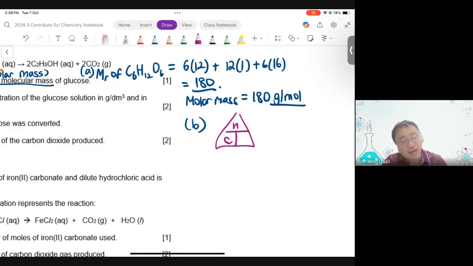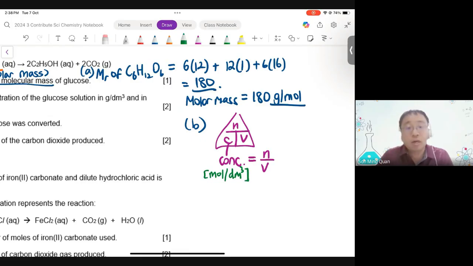The triangle is NCV, where C is concentration. Concentration is the number of moles over the volume, right? So this will give you mole divided by volume, dm cube. So the concentration's unit is moles per dm cube.